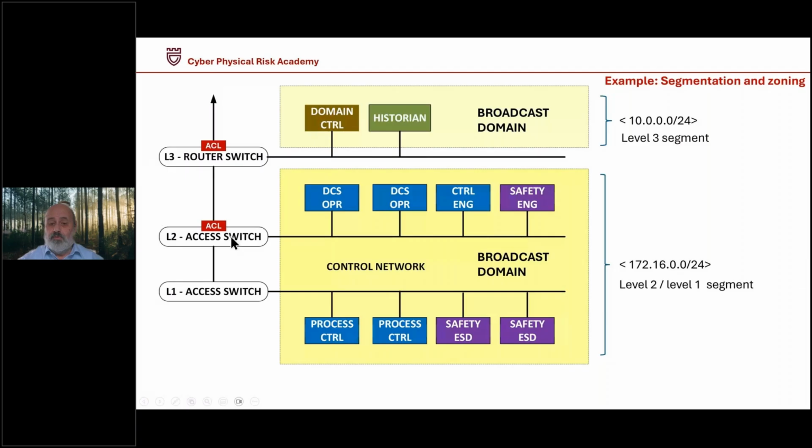What you see is there is no actual filtering, because there's no ACL on the bottom of this switch. No filtering between the supervisory side and the process control equipment side. And that is free traffic in this example.